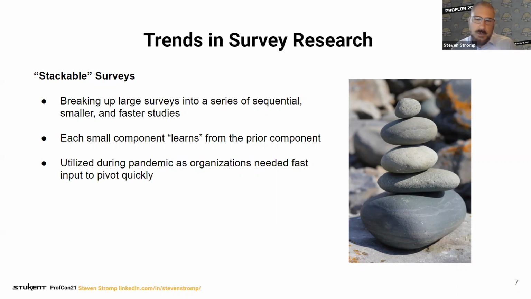Like, how effective was it when we switched to online? So that's a satisfaction component, right? But also we wanted to know what resources they needed going forward, and how we could change these things on a dime as we're getting the feedback. So it's like we're almost collecting some qualitative information along with the quantitative, but then in the next iteration, we're firming that up and making some of those ideas that we gathered from the first iteration quantitative.